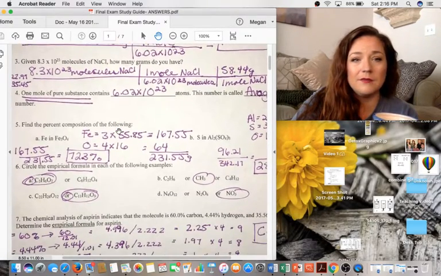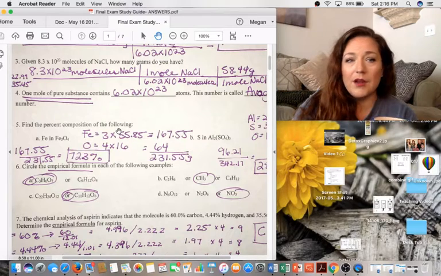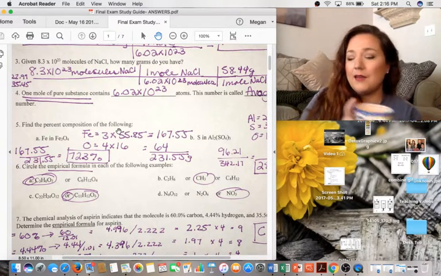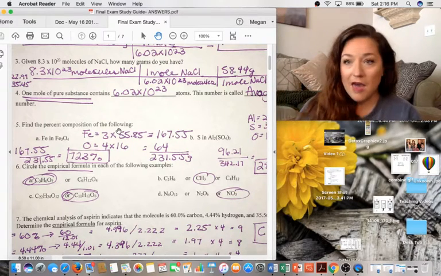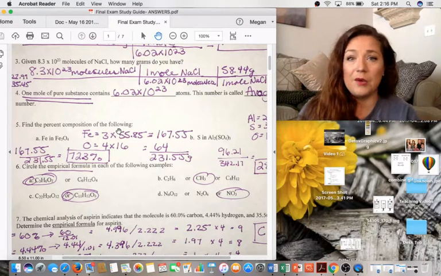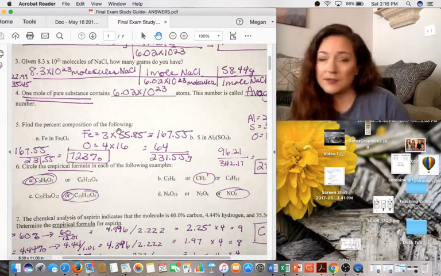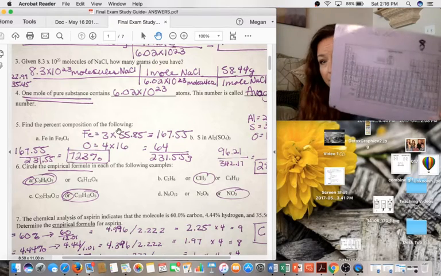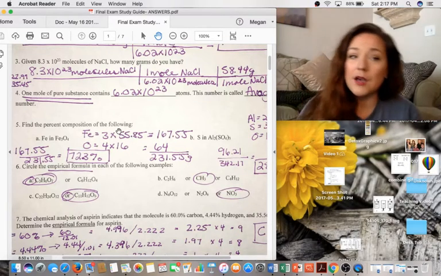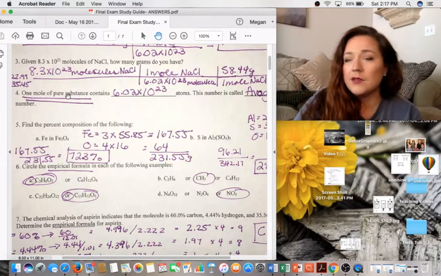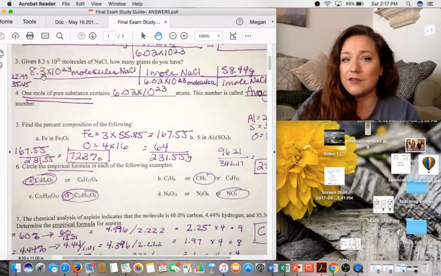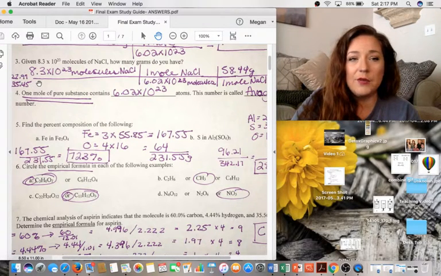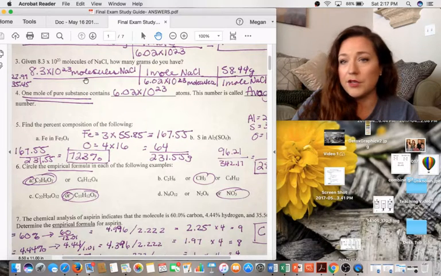Then, on the third one, they're asking you to go from moles to grams. And remember that every single element has its own AMU, atomic mass unit, and you can find that on the periodic table. So, all you do, you start with your given, and your given in this case is going to be 8.3 times 10 to the 23rd molecules of sodium chloride, NaCl.